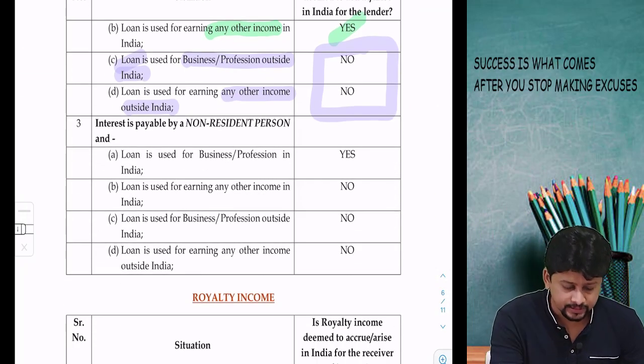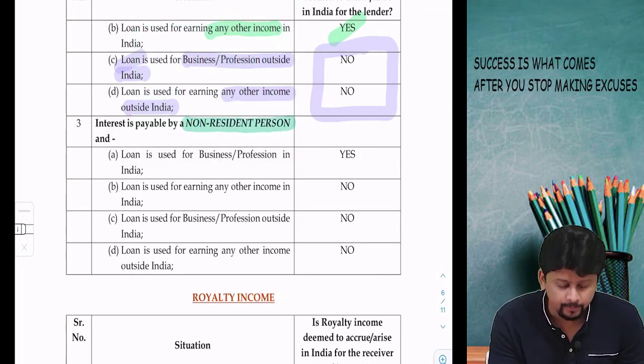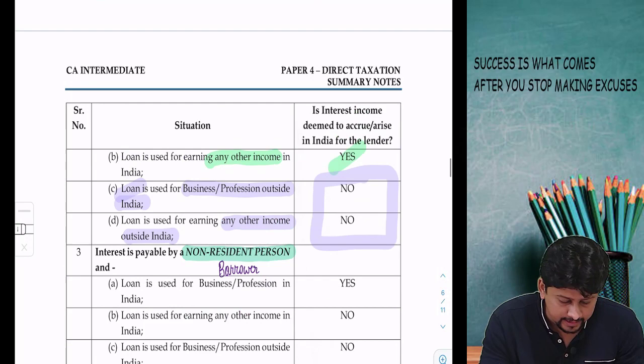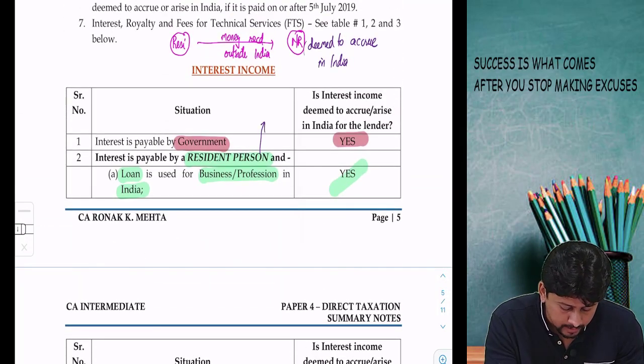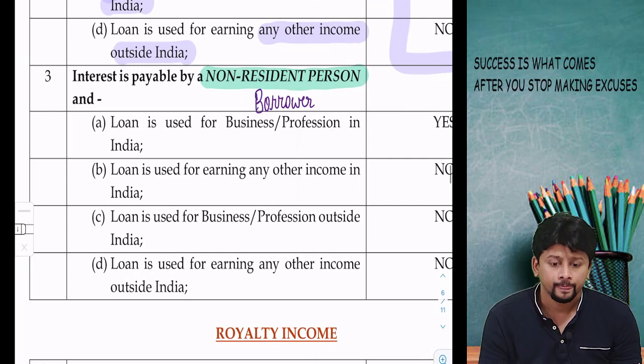Now comes the last situation where we are saying that interest is paid by a non-resident person. So the borrower is a non-resident now. Earlier, my borrower was a resident person or the government. Now I am saying my borrower is a non-resident.